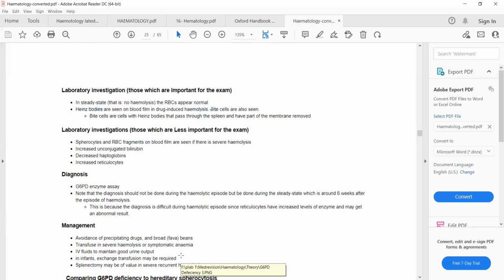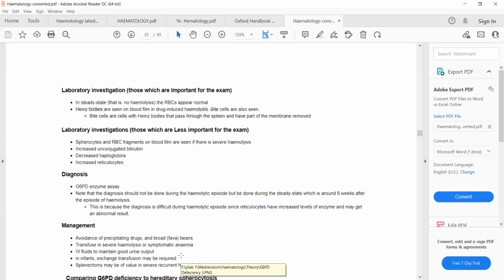Why is the G6PD enzyme assay done 6 weeks after the acute attack? Because reticulocytes have an increased level of the enzyme G6PD. That's why if we check G6PD enzyme during the acute attack, it will result in abnormal results. So the initial investigation includes peripheral blood smear, which will show Heinz bodies and bite cells. Also other lab investigations that are common to all types of hemolytic anemias, and the confirmatory or most important diagnostic test is the G6PD enzyme assay.